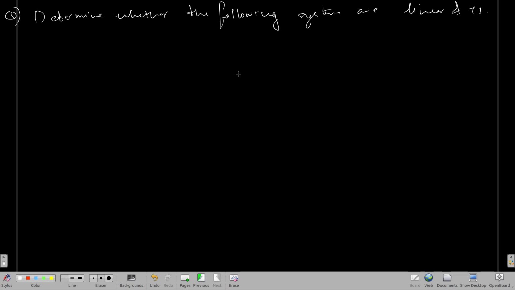That is, we have to check for linearity and we have to check for time invariance. The first one is y of t is equal to log x of t. We may have seen one or two of these in the last lecture, but anyway, let's solve them completely.